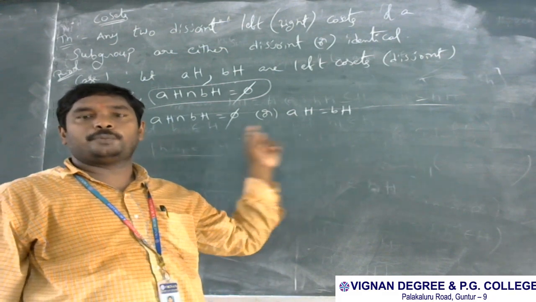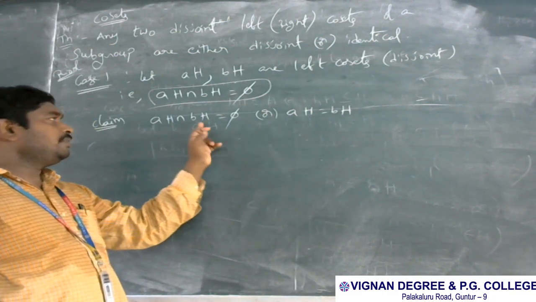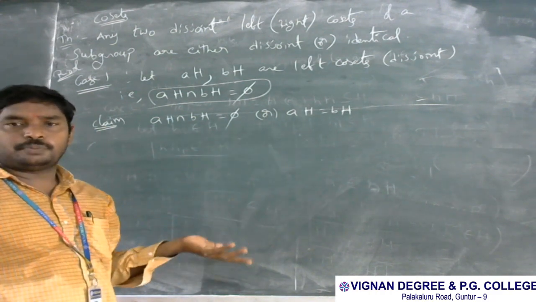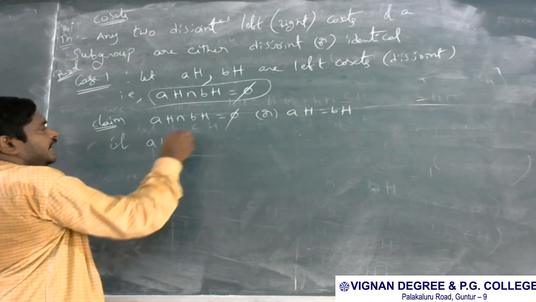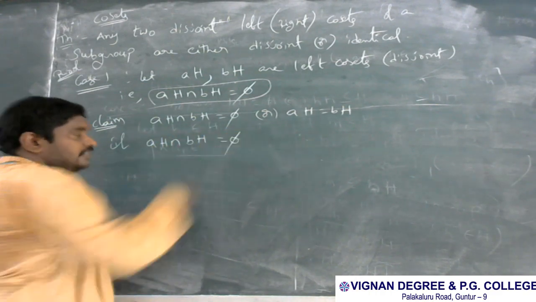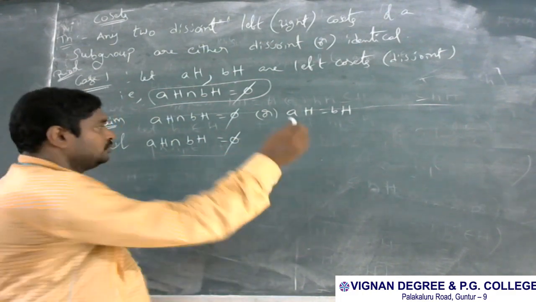Whatever it may be, we have to prove one. So if AH intersection BH is equal to phi, then the theorem is proved. So there is nothing to prove.